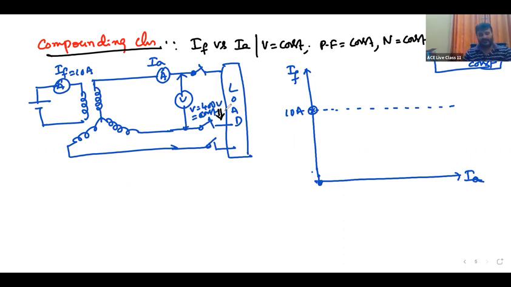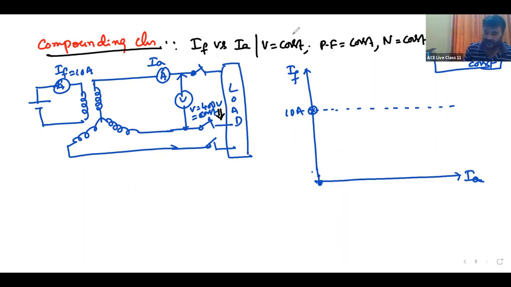The field current has to be increased. I want to maintain 400 volts. As load increases, voltage decreases for lagging power factor, a drop of voltage. So the field current has to increase to compensate the drop. But for leading power factor, as load increases, voltage increases. It is more than 400. Then what to do? Decrease the field current, under excitation.